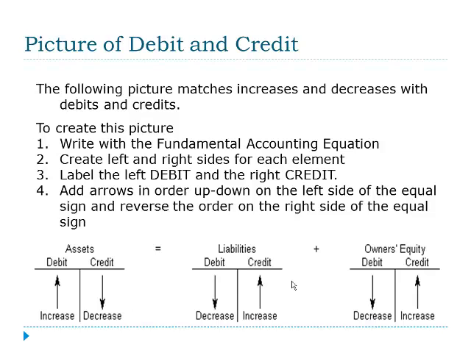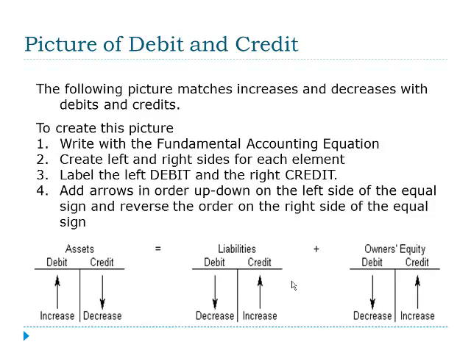But if you draw a picture of an asset, liability, and owner's equity, in which each one of those elements has a left and a right side, the left is always the debit side, the right is always the credit side. But a debit means an increase in an asset, so draw an up arrow. For liabilities, a debit means a decrease, draw a down arrow.